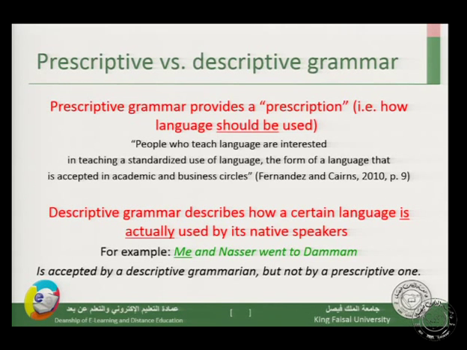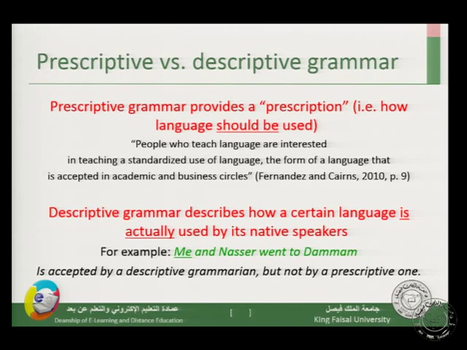People who teach language are interested in teaching a standardized use of language, the form of language that is accepted in academic and business circles. So in this type of grammar, the prescriptive, we are dealing with a prescription of how language should be used.